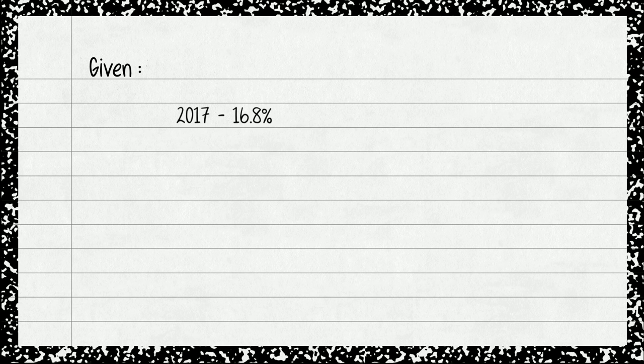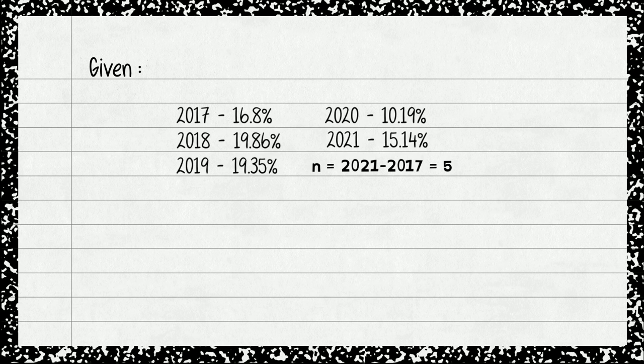First, we need to make a list of the data. So given 16.8% in 2017, 19.86% in 2018, 19.35% in 2019, 10.19% in 2020, and 15.14% in 2021.